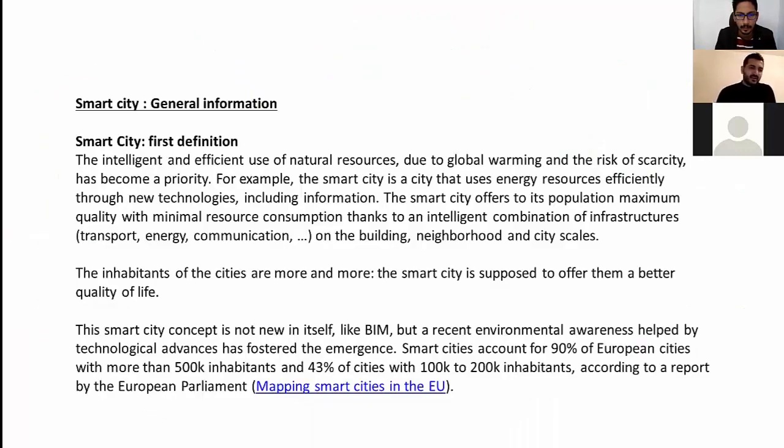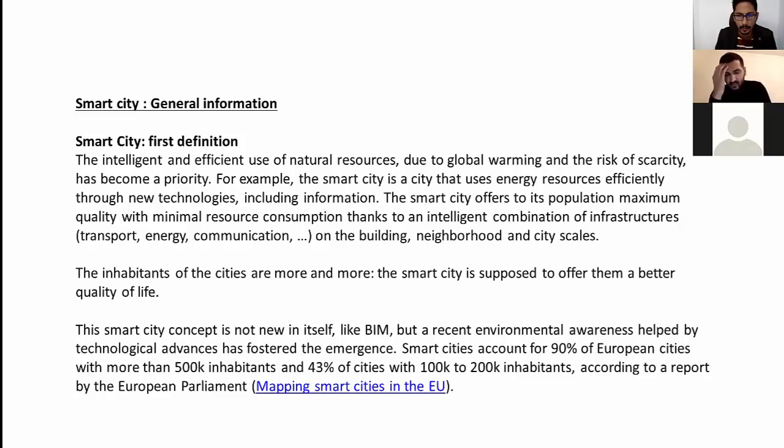Smart city, we are talking here about general information. Smart city, first definition: we can call it an intelligent city, an efficient city that uses natural resources, since global warming and the risk of scarcity have become a priority. For example, the smart city is a city that uses energy resources efficiently through new technologies, including information technology.